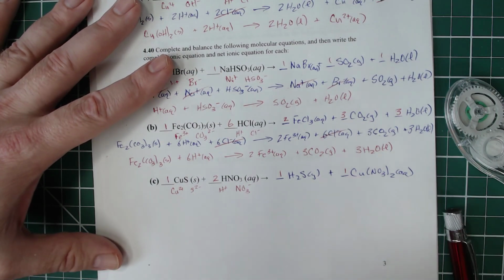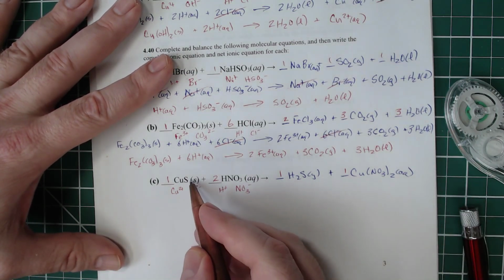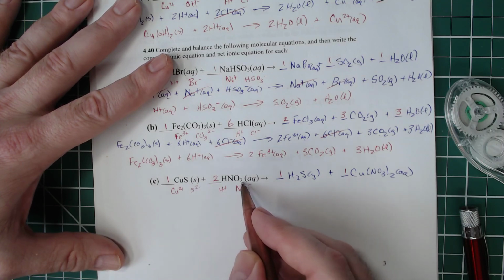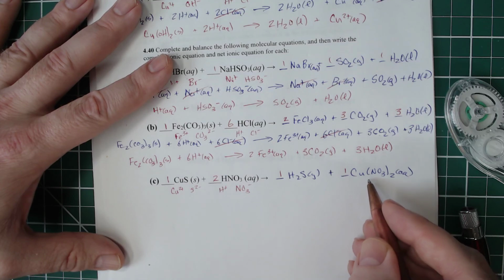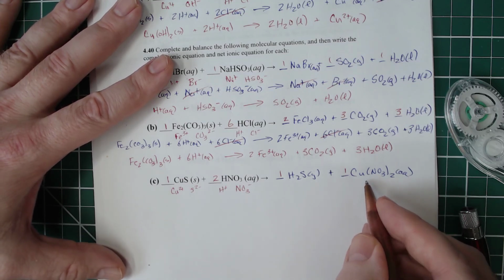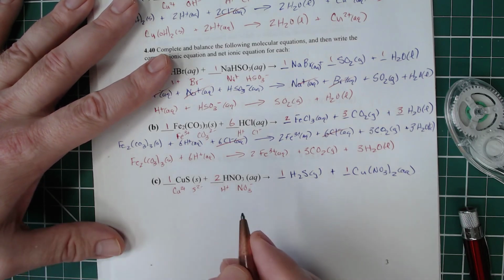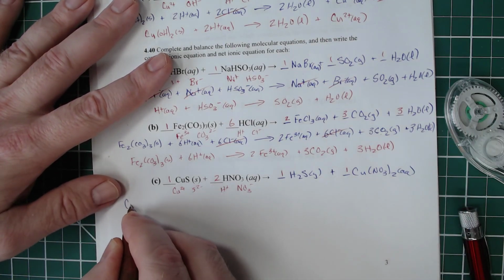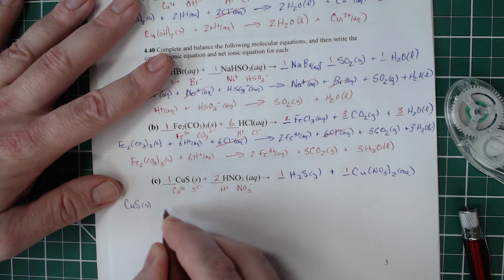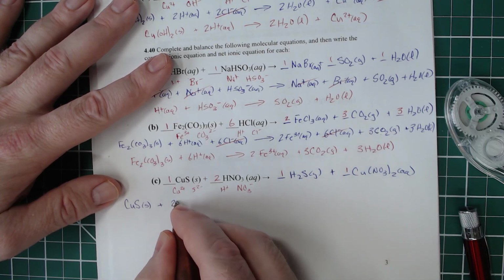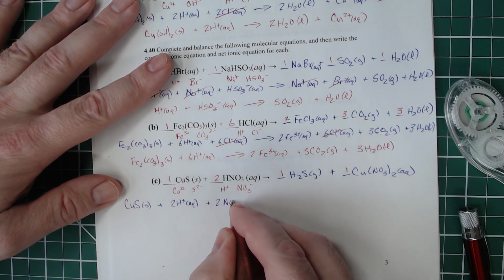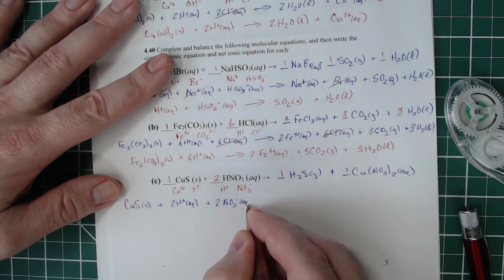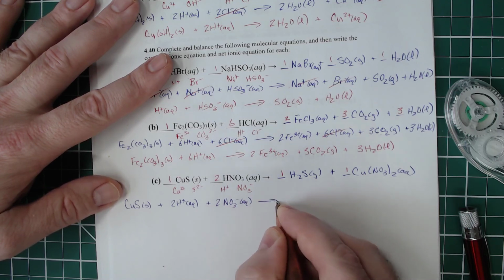So now we want to dissociate anything that's a strong electrolyte. This isn't because it is a solid. This is because it's a strong acid. This is not because it's a gas. And this one is because it is a soluble ionic compound. When we dissociate the strong electrolytes, we'll leave that one together. So CuS solid plus 2 H+ aq plus, don't forget to distribute that 2, 2 NO3- aq.